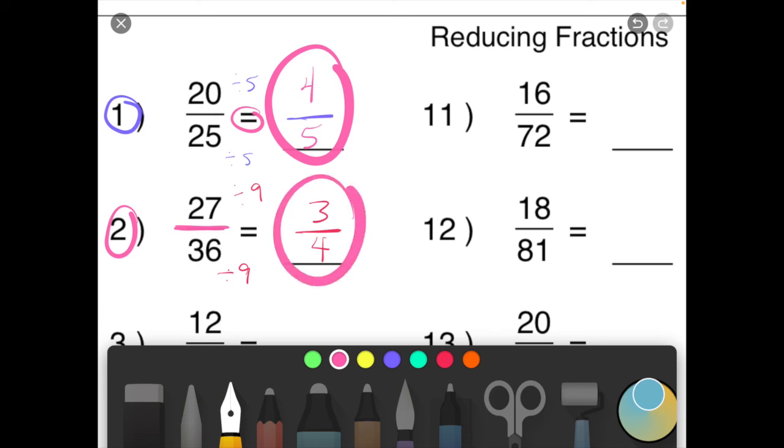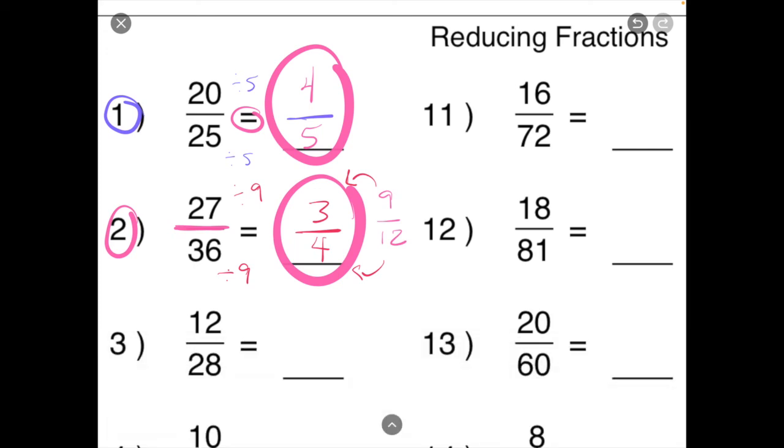Even if you divide and reduce it down, take a second look and see if you can go even lower, because you might have divided by a common factor but not the greatest common factor. So always ask, can I reduce 3/4? We can't. That's in simplest terms. In that situation, you could have divided by 3 and gotten 9/12, but 9/12 you can divide by 3 again, top and bottom, and you get 3/4.